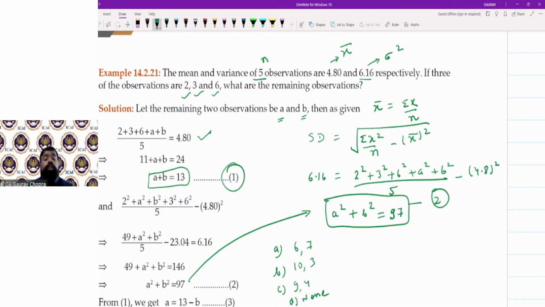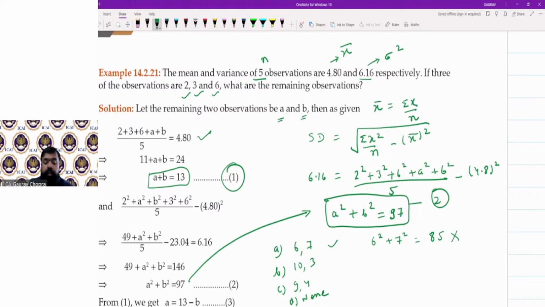So you have to check which option is satisfying both the equations. So 6 plus 7 is 13, the first condition is satisfied. Second condition, 6 square plus 7 square should be 97, but on adding we are getting only 85. So it is incorrect.